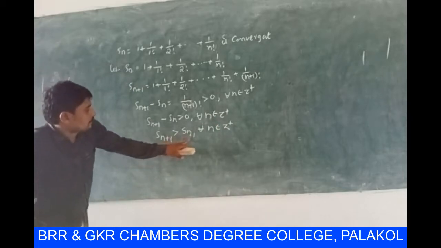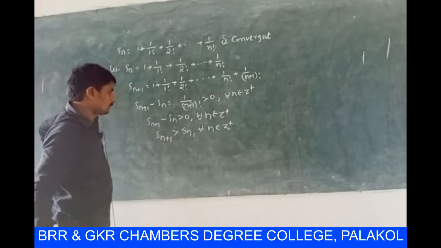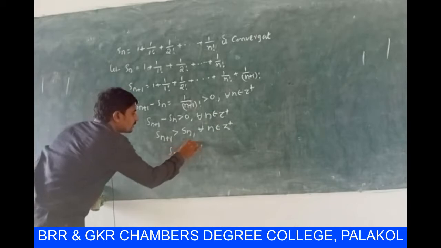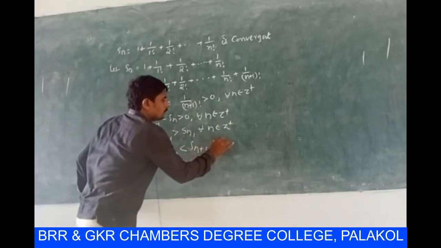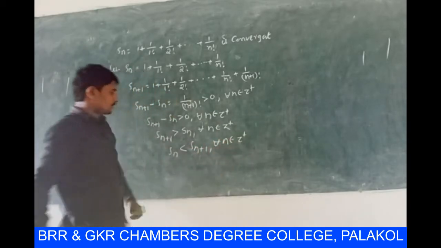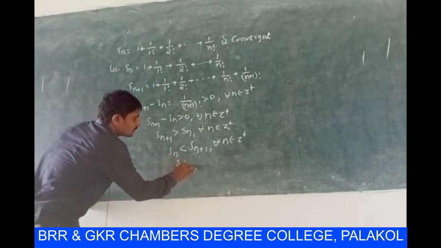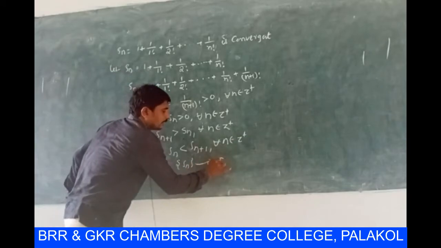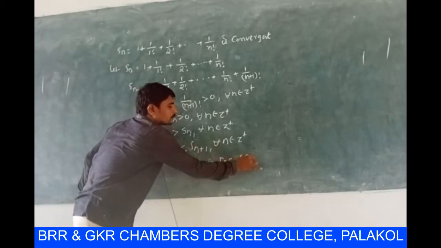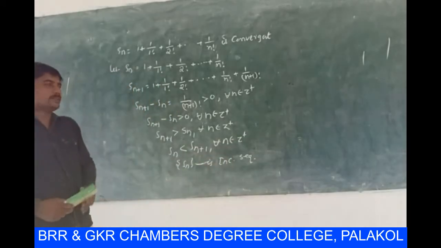That implies Sn is less than Sn plus 1 for all n belongs to Z plus. Means the sequence Sn is an increasing sequence.